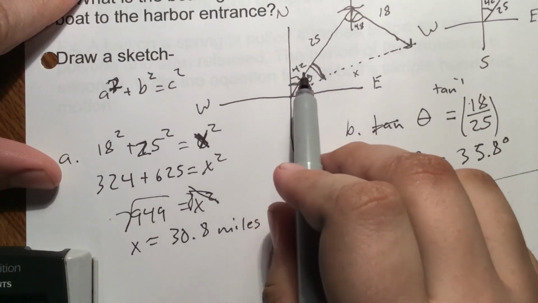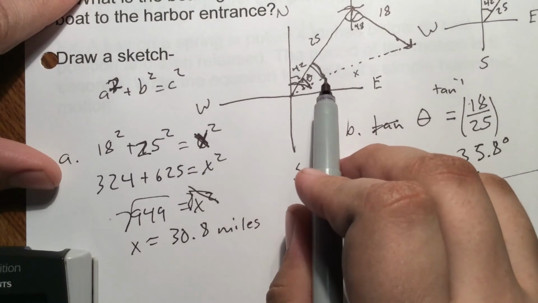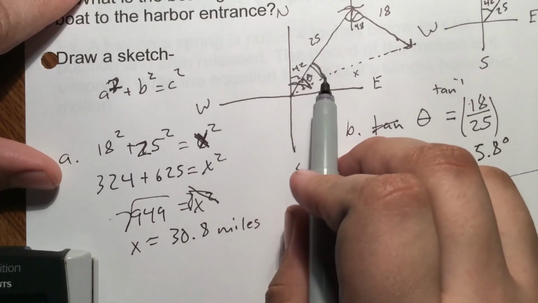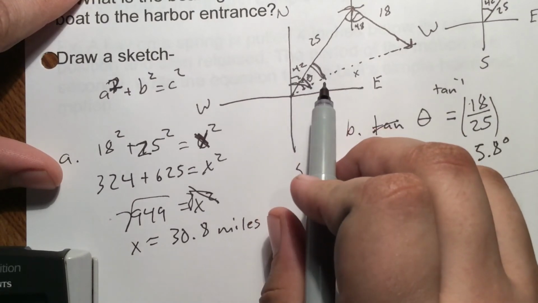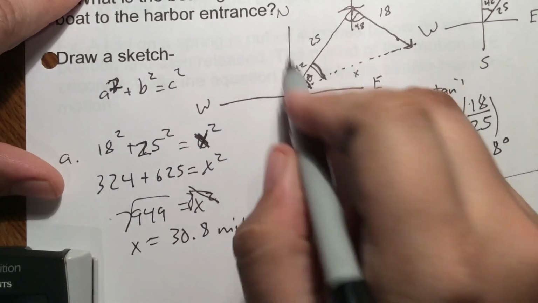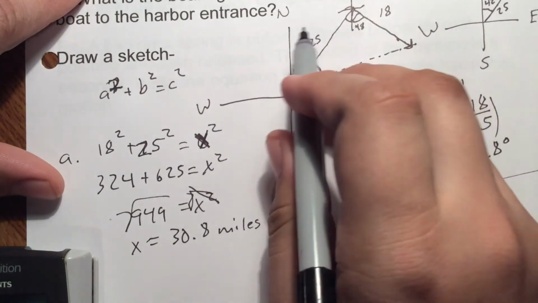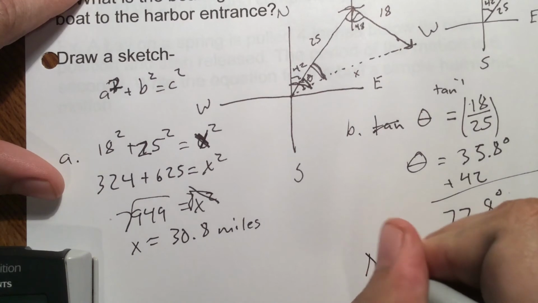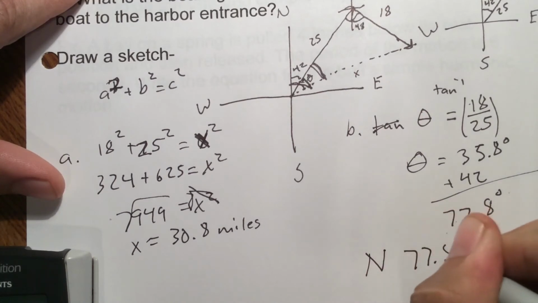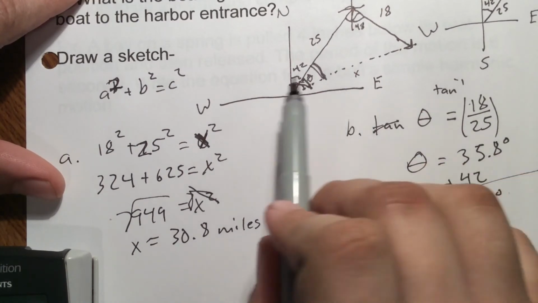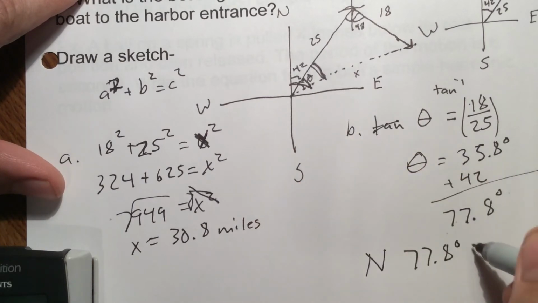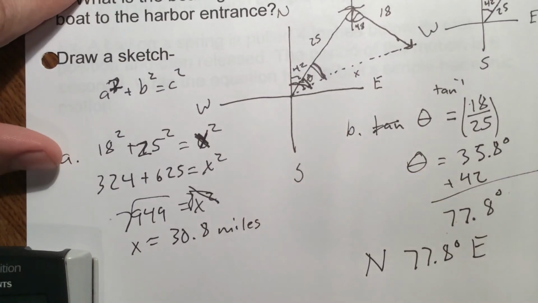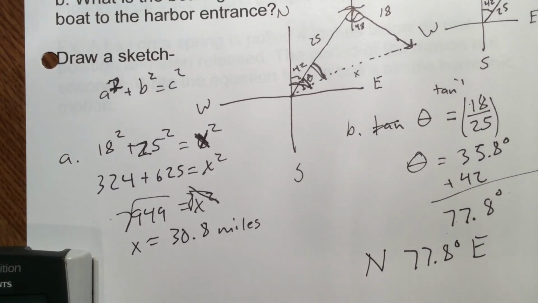So the 42 tip into there, and then another 35 for the width of the triangle to get our full tip over. So we'd still be from the north, because we're up top here tipping this way. So north, 77.8 degrees. And then we're tipping to the east. So E. And that would be our bearing.